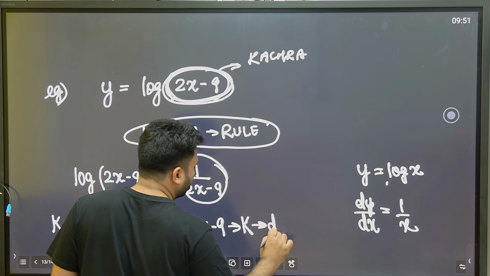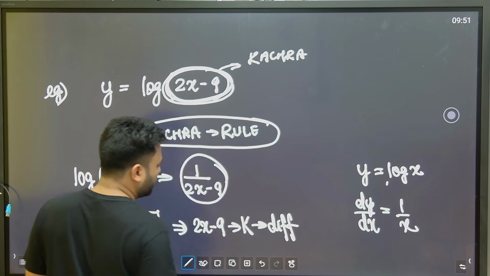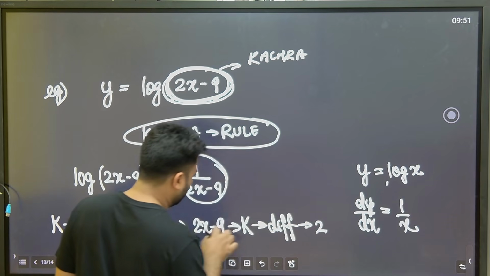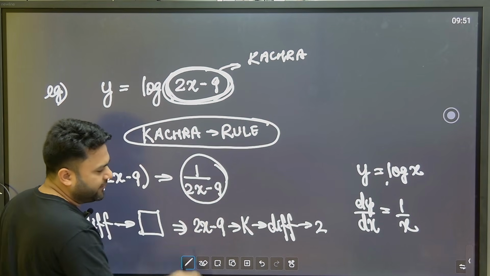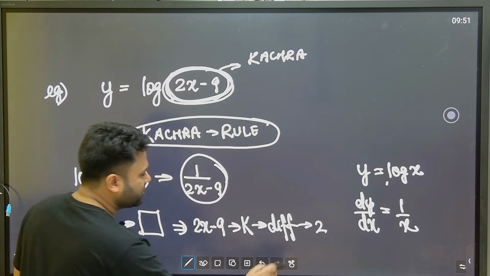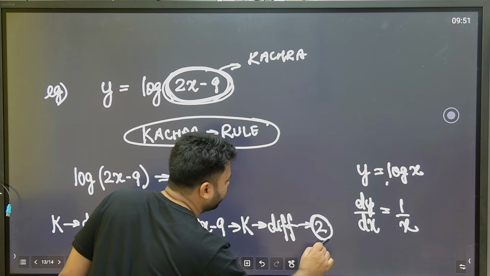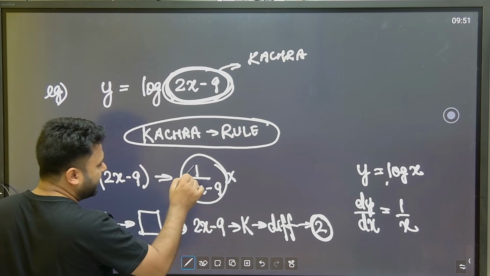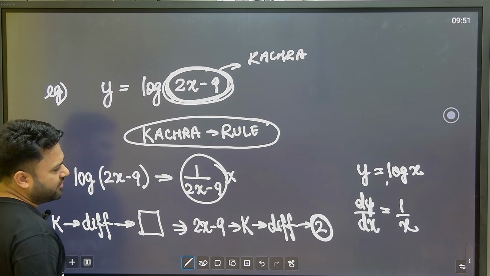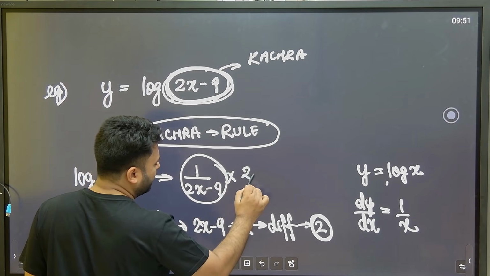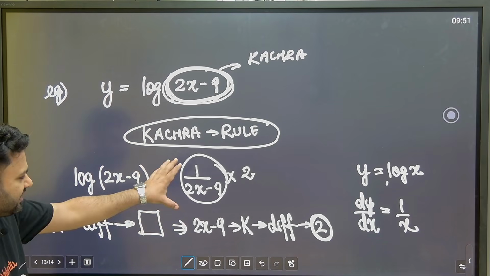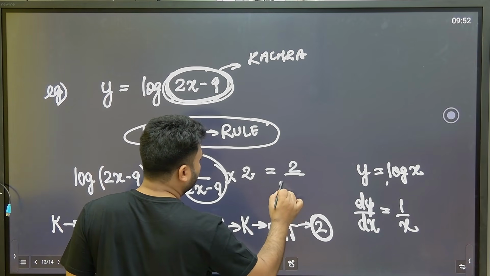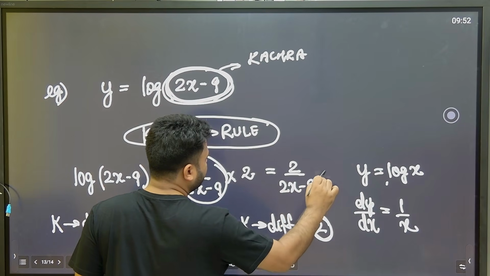If you differentiate 2x minus 9, you will get 2. 2x differentiation 2, minus 9 differentiation 0. So this 2, whatever we get upon differentiating the kachra, we will multiply with our answer that we got in step 1. So our final answer is 2 divided by 2x minus 9.